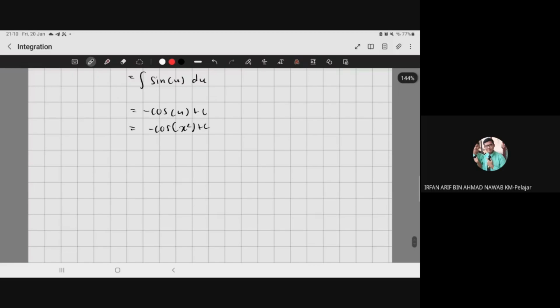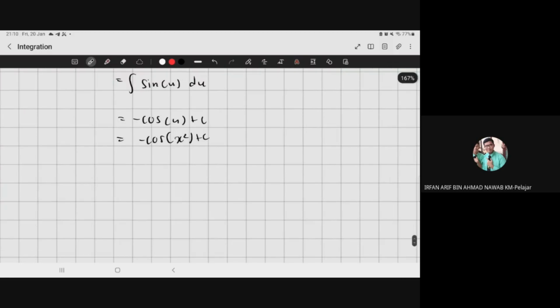Let us continue with double angle formulas. Okay, this is very elementary in a way, where we could derive the double angle formulas into their respective identities. So let's say, for example, sine 2x.